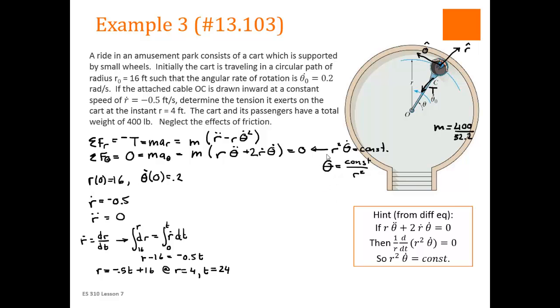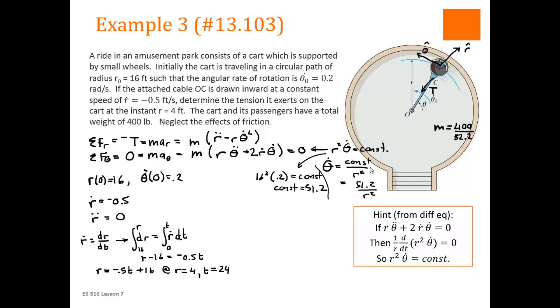Let's go back up to this form of it. r was 16 squared times 0.2 is equal to the constant. So the constant is equal to 51.2. So we then have this expression for theta dot, which is 51.2 divided by r squared.